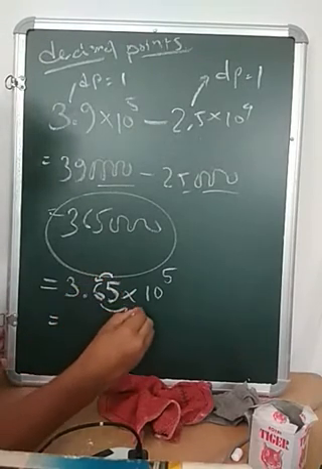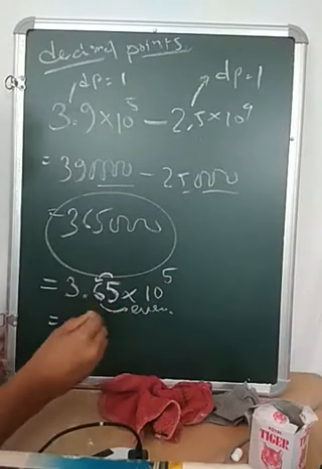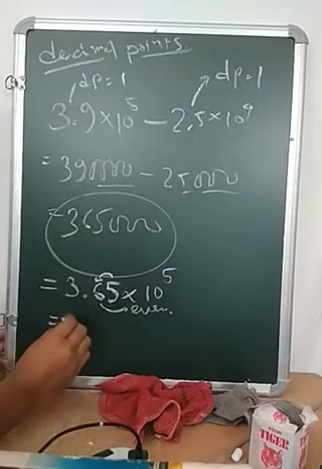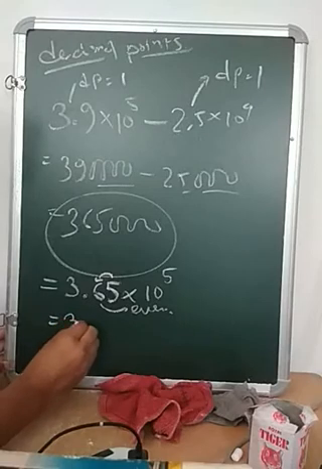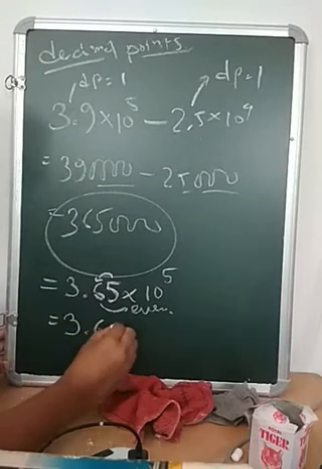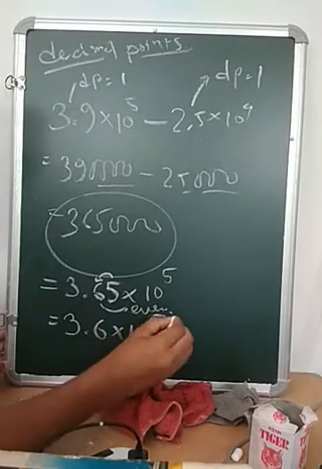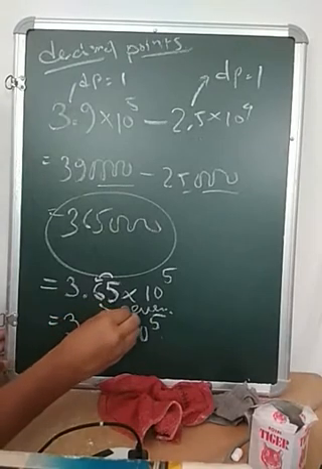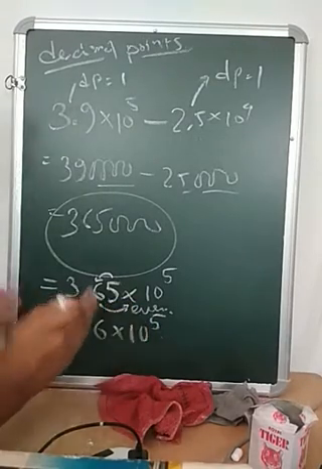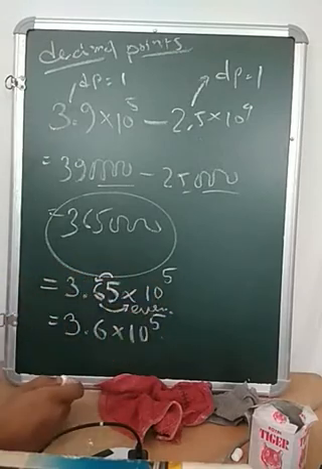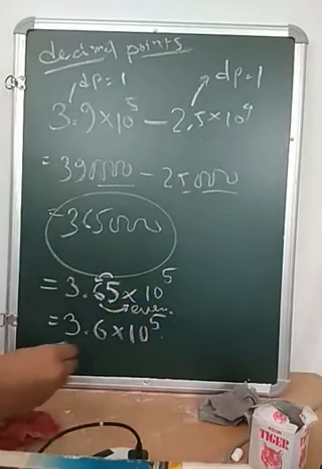See, it is even. So from the rule of rounding off, we write 3.6 into 10 to the power 5. Because when there is an even number before 5, we keep the number as it is by neglecting the 5. So this will be the answer.